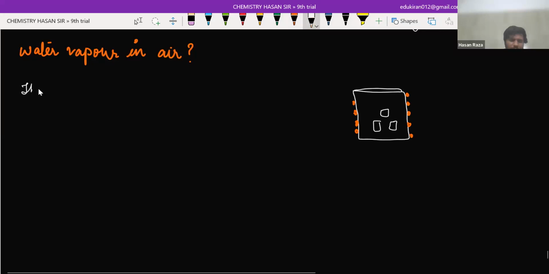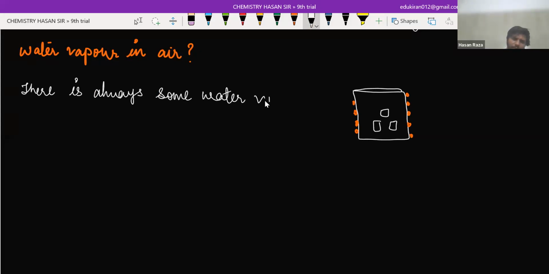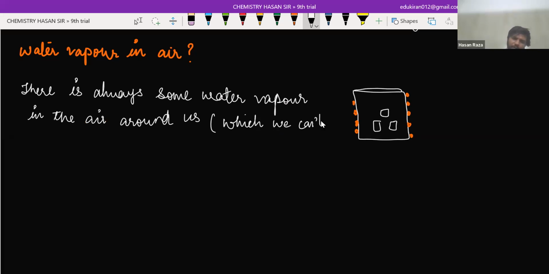So there is always some water vapor in the air around us, which we cannot see. So how does this form?